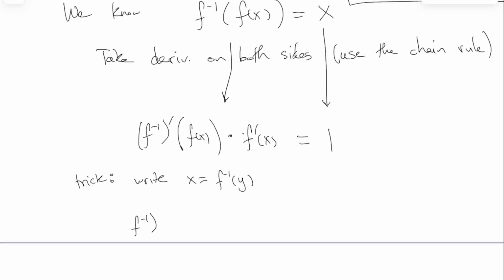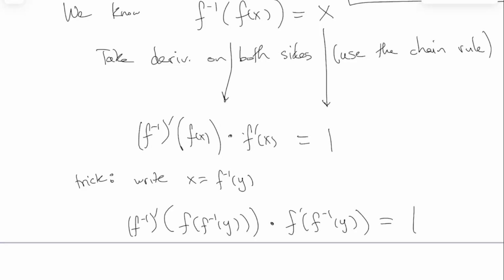It says f inverse prime of f inverse y. The reason I'm doing this slightly weird thing is because it's going to let us simplify things a little bit. Times f prime of f inverse y equals 1, right? I just substituted the x's for f inverse y's.